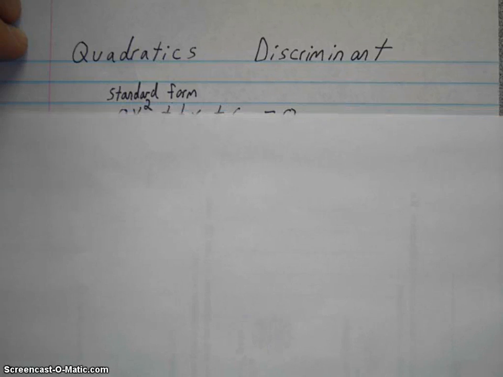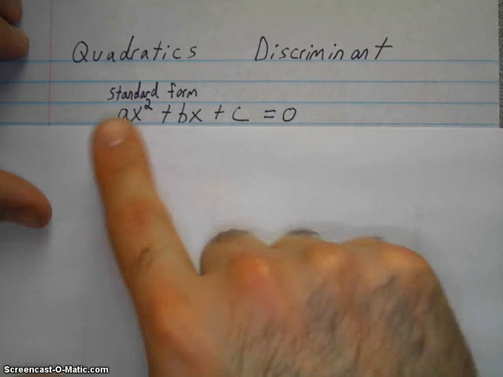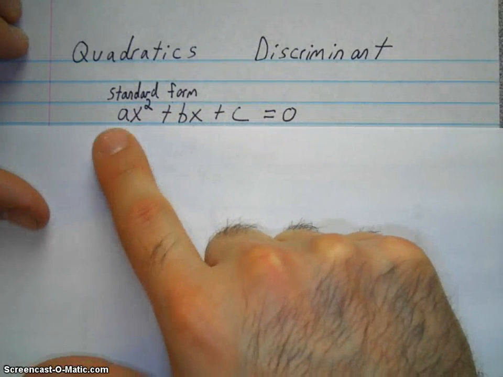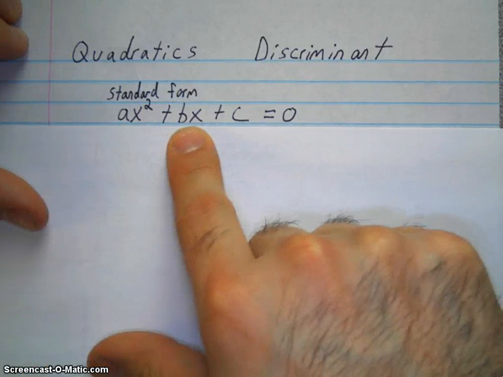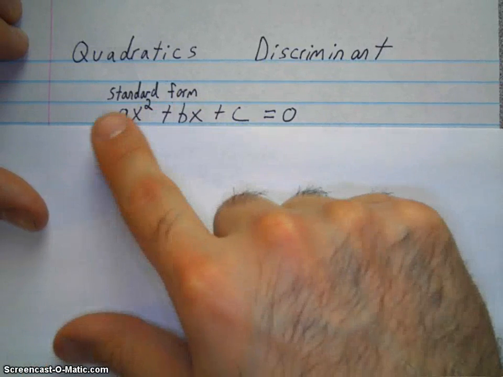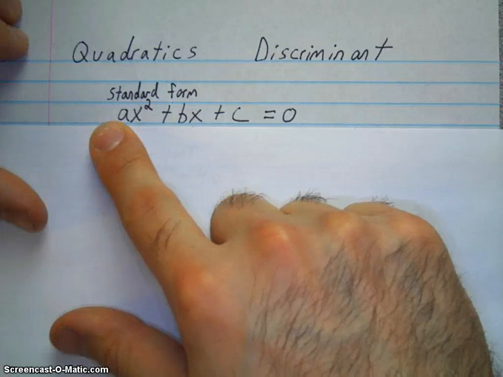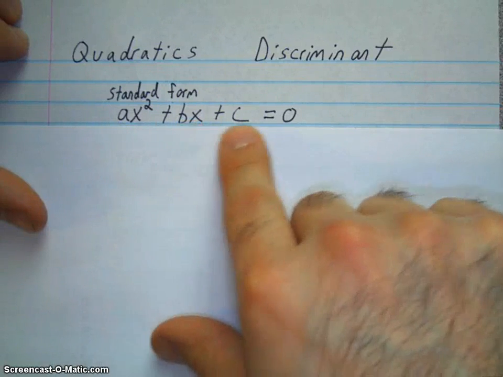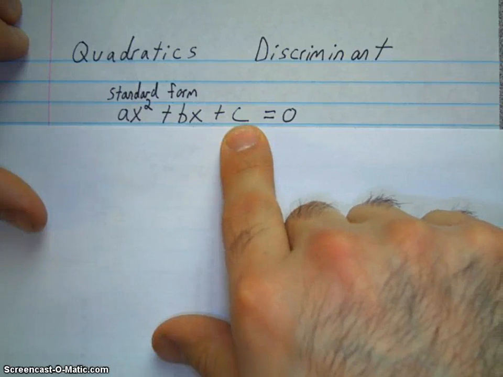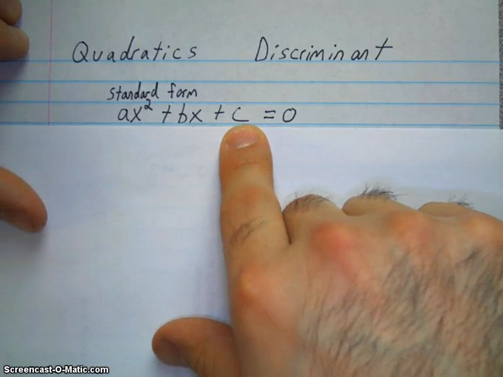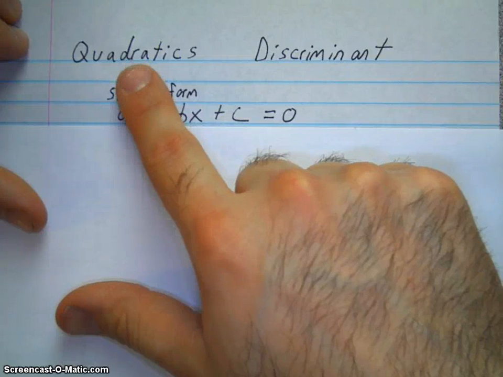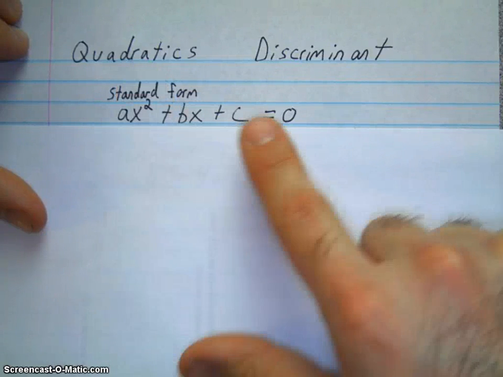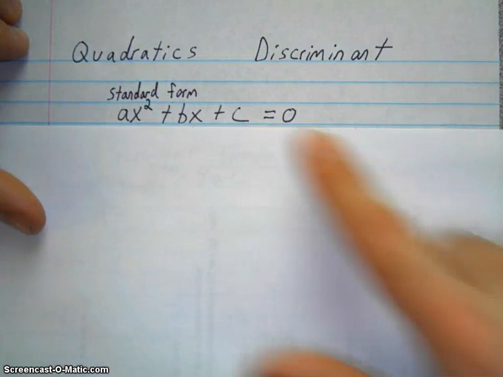Again, we're going to have ax squared plus bx plus c, where a is the number in front of x squared, b is the number in front of x, and c is the number all by itself. And then the standard form, especially when we're trying to solve a quadratic, needs to be equal to 0.